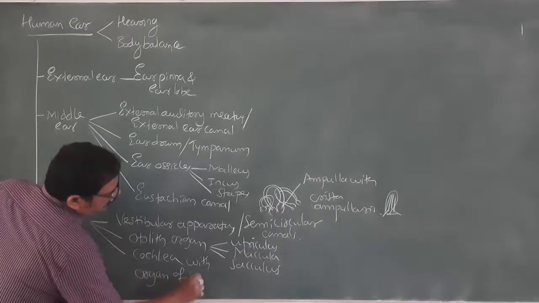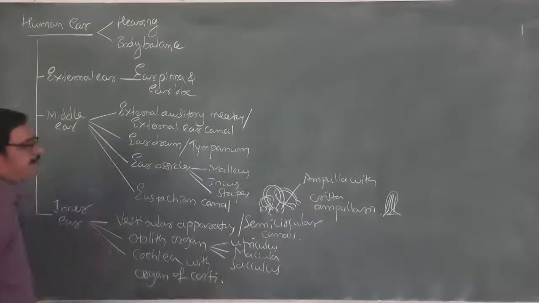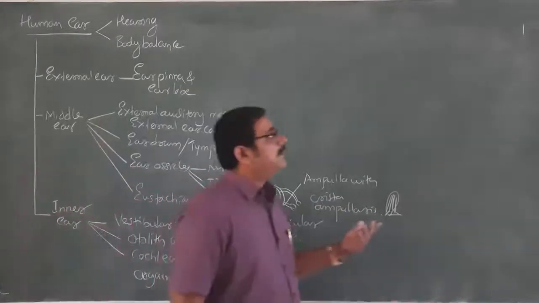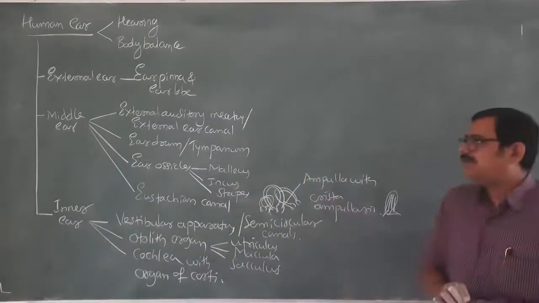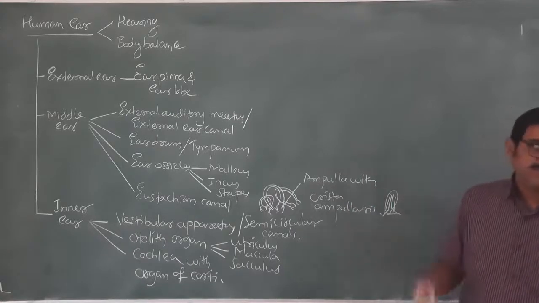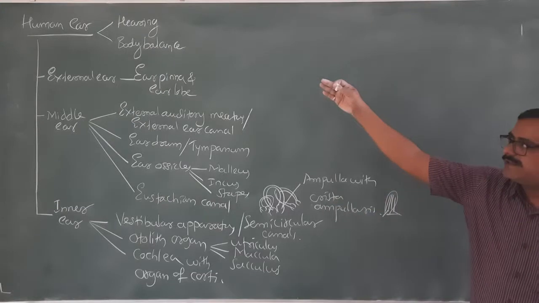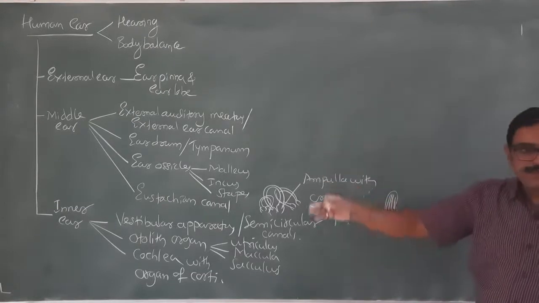These are the structures we find in the ear. You need to remember this is basically the outline of the whole structure of the ear: the external ear, middle ear, and inner ear.